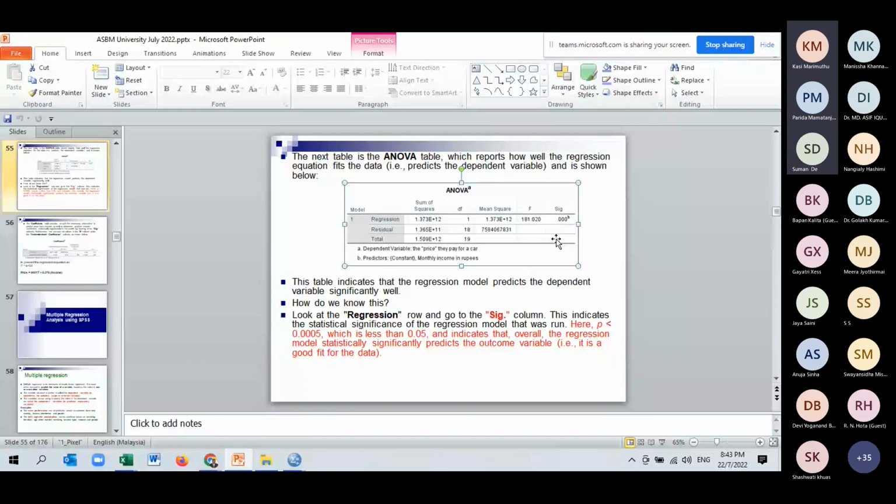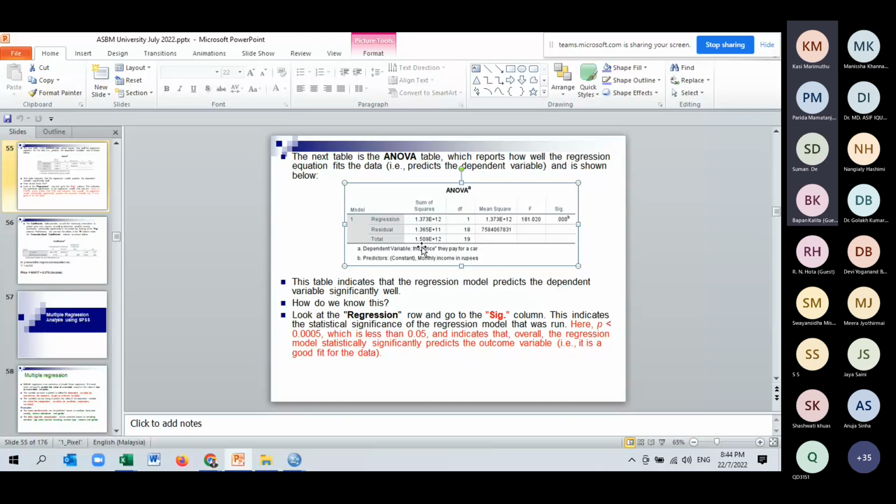Like job satisfaction. If I wanted to predict on the basis of another variable, which may be organizational commitment, or job satisfaction, you can predict the turnover.